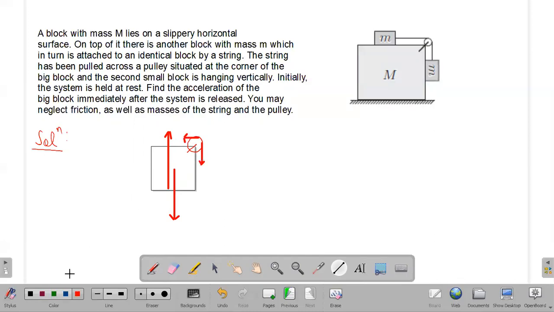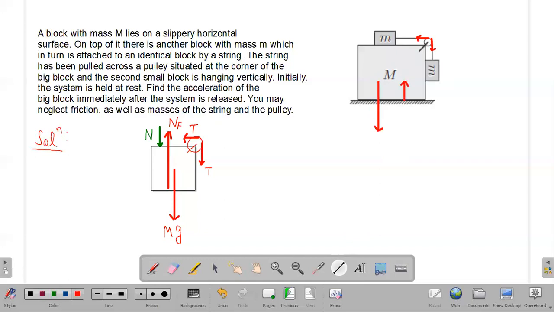Other forces will be a normal reaction force coming from the top block. So the forces are: the normal reaction force N coming from this top block, the force of gravity capital Mg in the downward direction, the normal reaction force coming from the floor, and this tension force T and T. If I show this diagram in the actual picture, then the tension force at this point to the left side is considered on capital M. The tension force in the downward direction is considered on capital M, its weight Mg is considered in the downward direction.